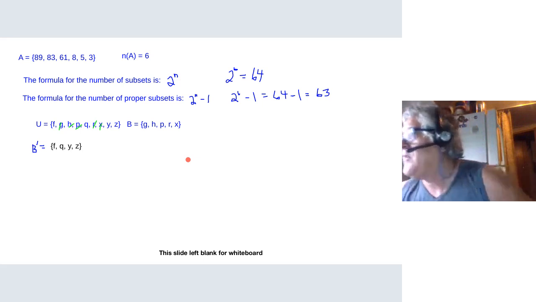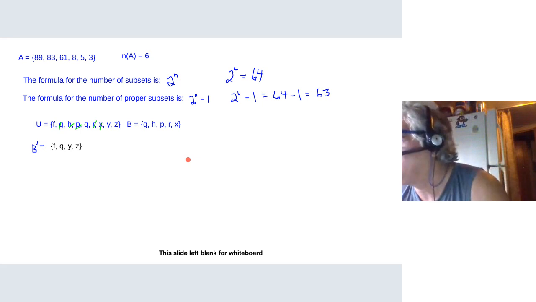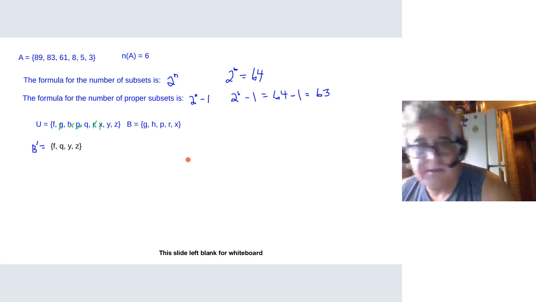So I took out G, H, P, R, and X. And so what's left is F, Q, Y, and Z.